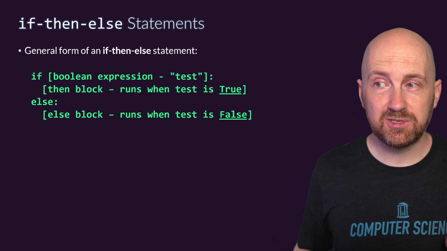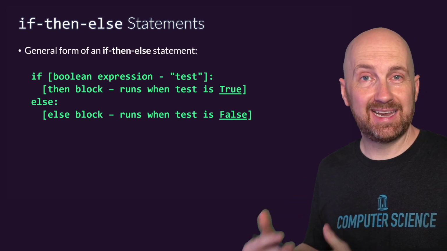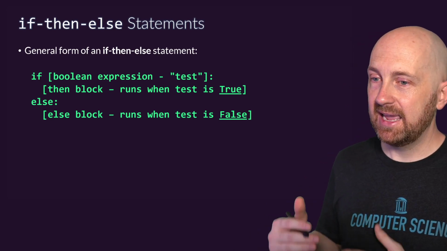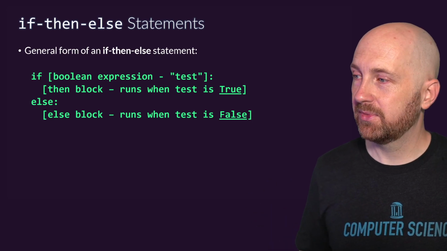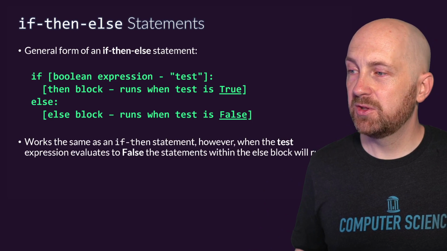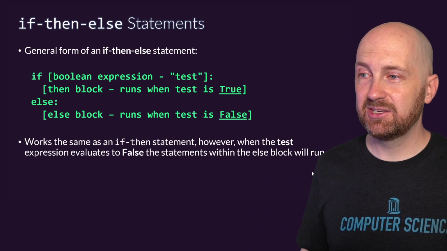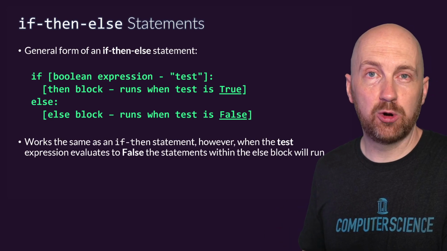So it's the keyword else followed by a colon. And then once again, for the else block, we're going to indent the lines within it. And from there, we'll see that we can have multiple lines as well. Right? So we'll extend our code in just a moment. The only difference here is that when the test is false, we're going to go into the else block instead of just jumping over the whole thing.